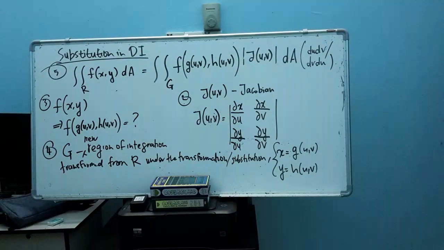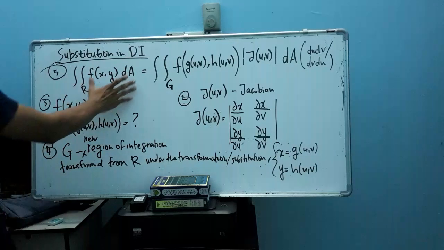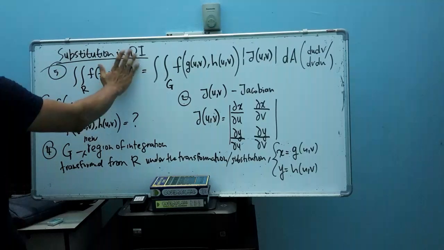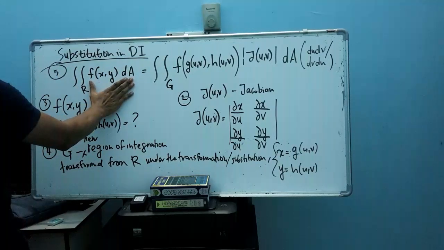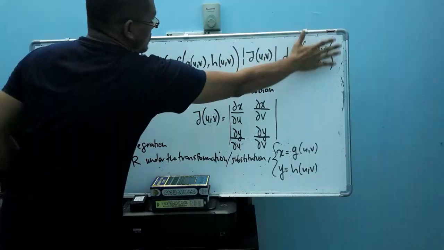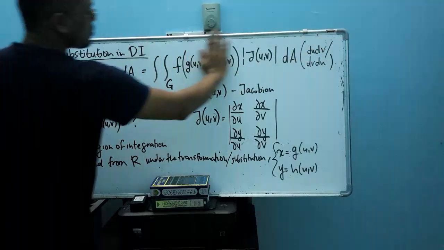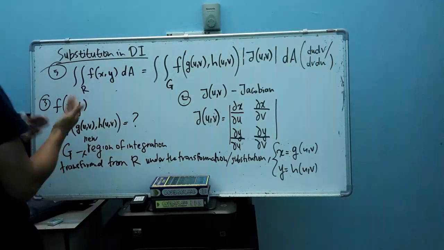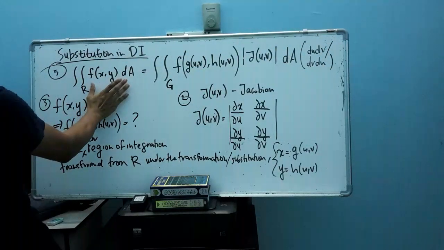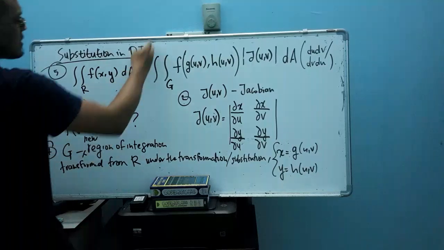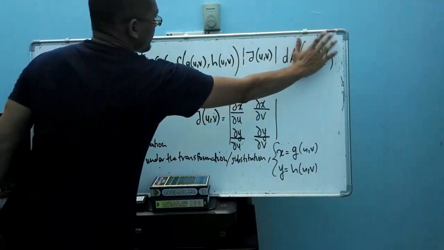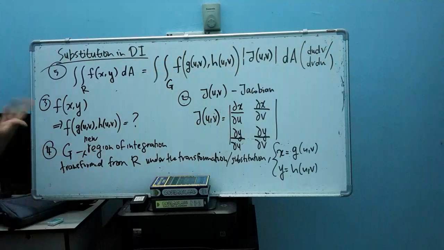When you consider a substitution here, we do not consider this part because it is already substituted into this one. So when we want to evaluate this double integral, we just need to evaluate this part. Therefore we call it a substitution.